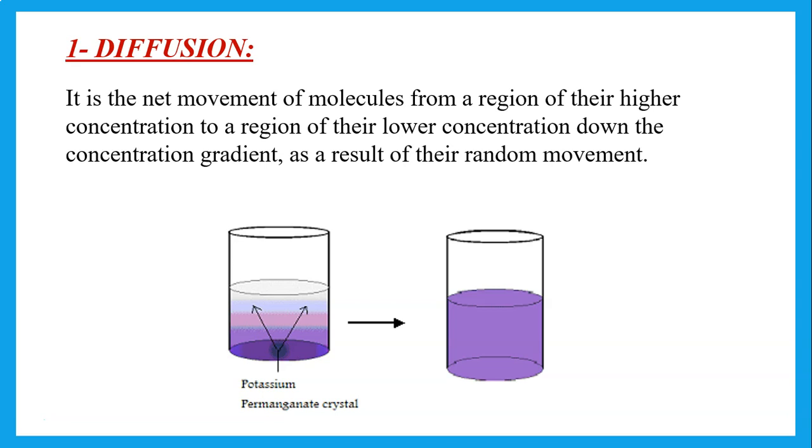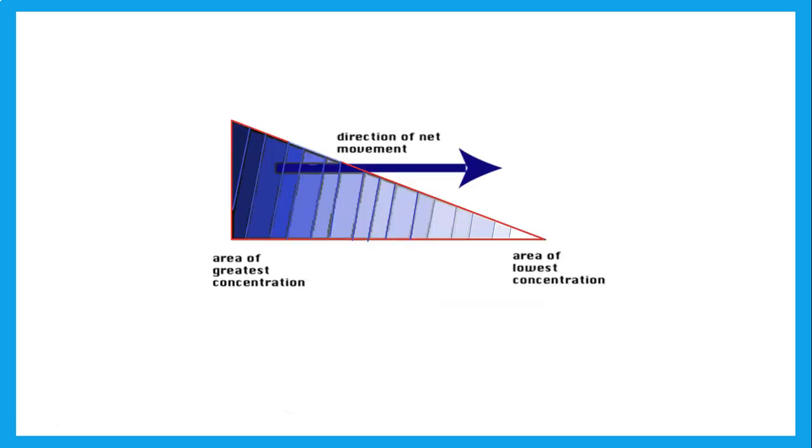So the particles of potassium permanganate will move from where there is lots, the area of high concentration, to where there is less, the area of lower concentration, until they are equally distributed in the water, so that all the water takes that purple color of potassium permanganate.